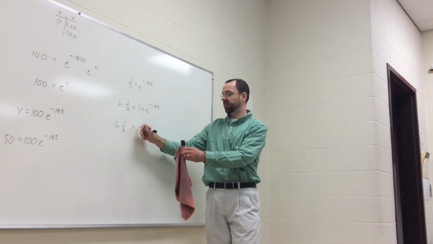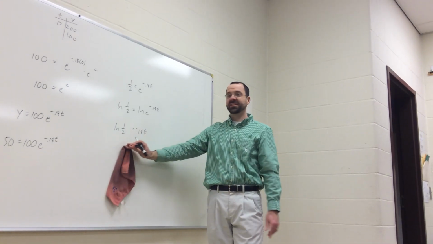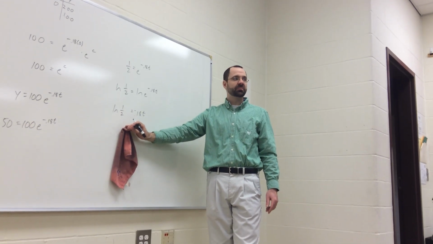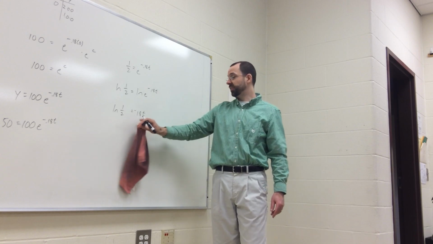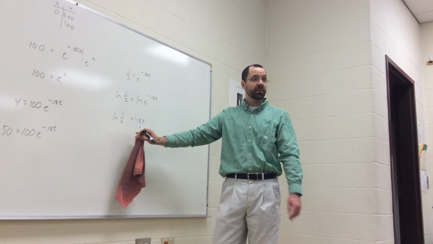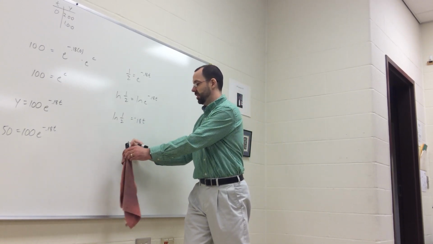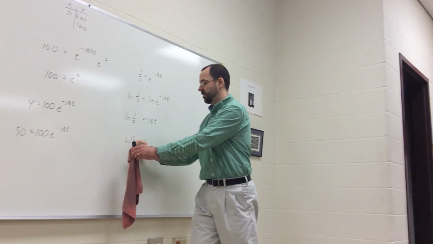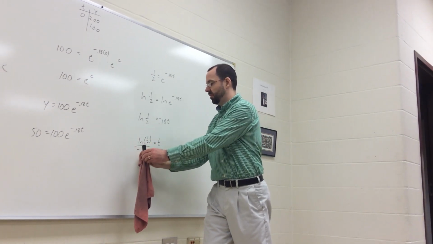I forgot my negative, didn't I? Is that why you're looking at me, Madison? Thank you very much. So then you divide both sides by negative 0.18. So t equals the natural log of a half divided by negative 0.18.